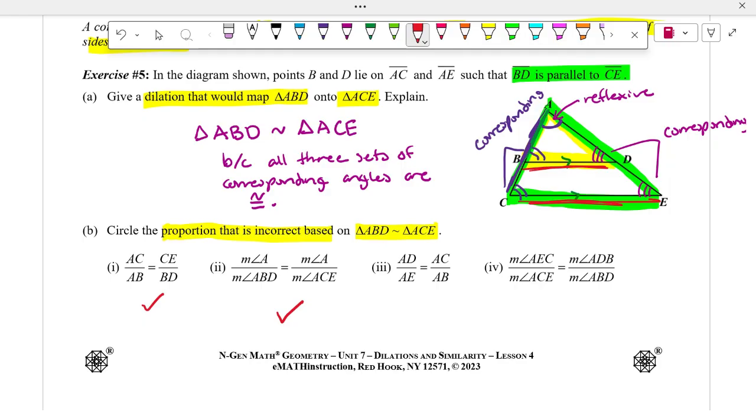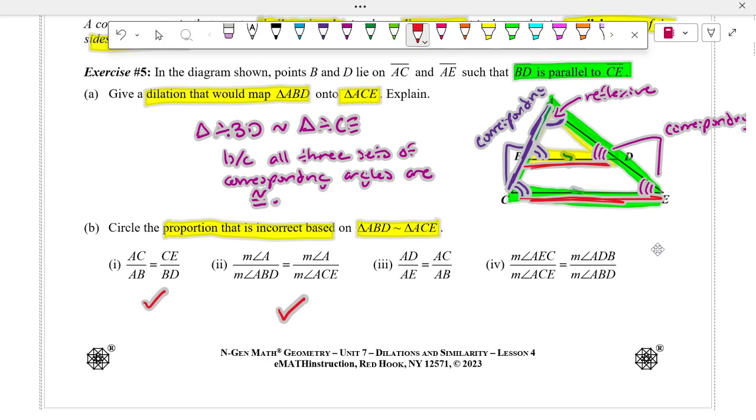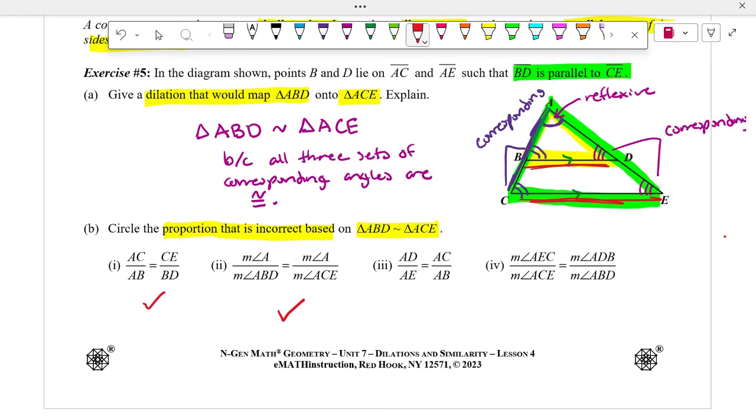Now, here's the next proportion. AD, which is right here, over AE. So are AD and AE corresponding? Yes. All right, so far so good. But then they have AC over AB. Are AC and AB corresponding sides?